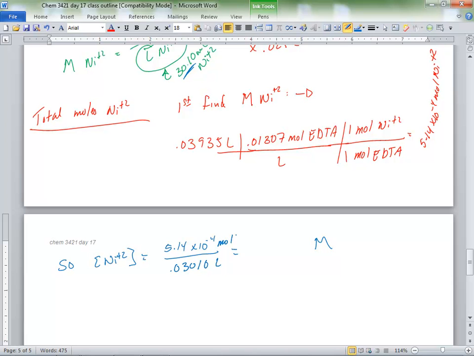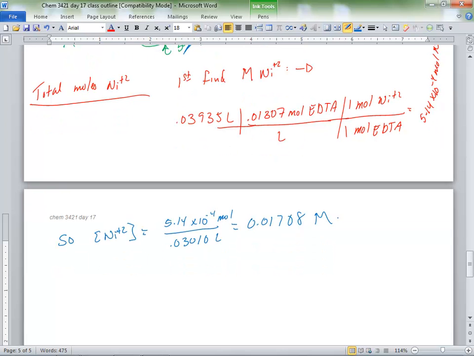5.14 times 10 to the negative 4, divided by 0.0301, about 0.01708 or something. Okay, that's the molarity of the nickel.